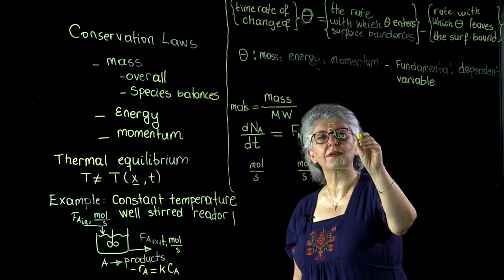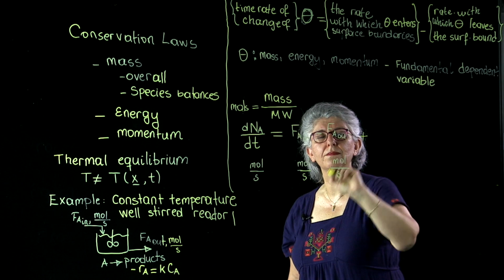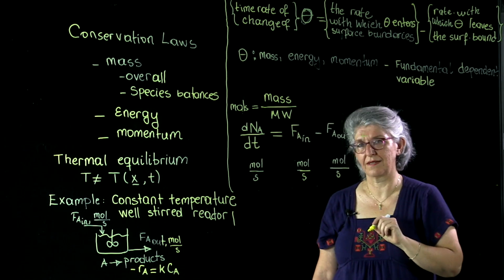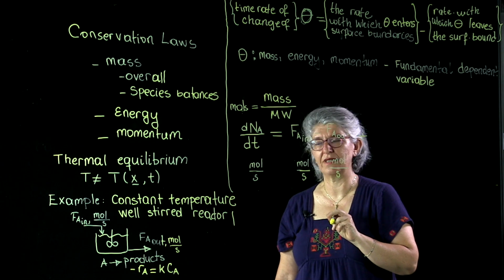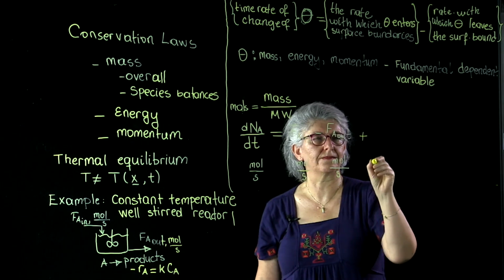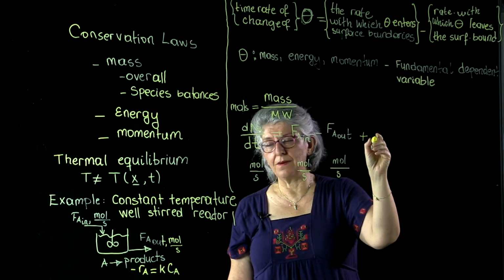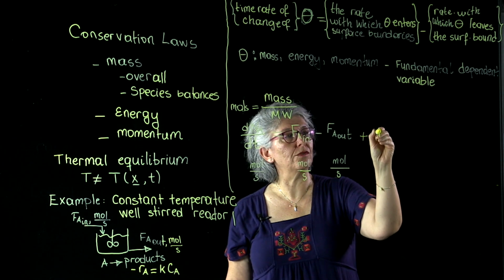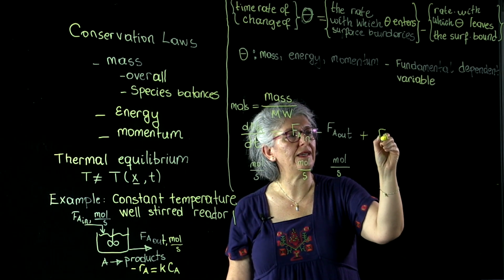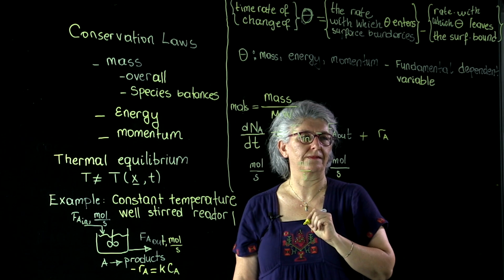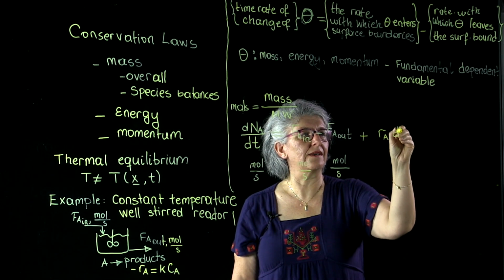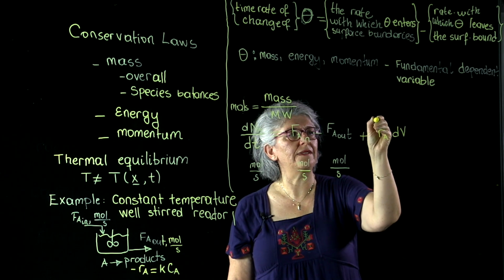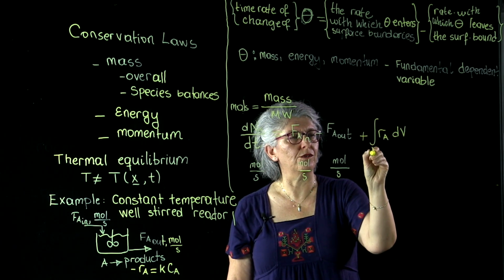And now I have another term: the rate with which A is generated. And now I'm going to write RA times dV, and I will integrate over the volume.